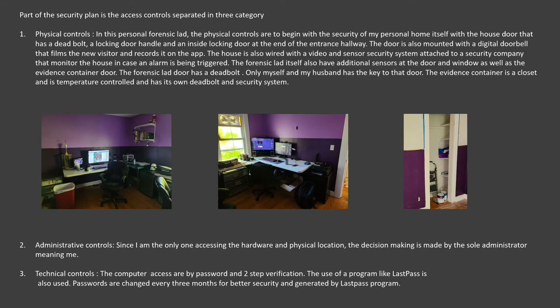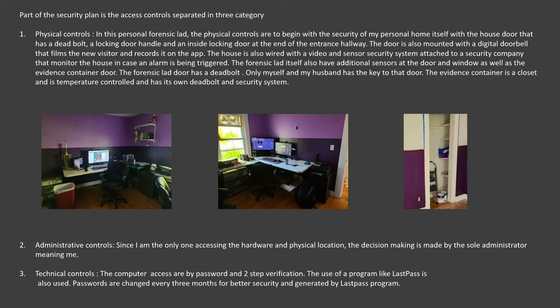So this is the setup I have at home right now, and I thought it would be a really good setup if I were to do it right now, even though I'm not certified in anything. On the left picture, that would be my computer, where I would do the processing of the computer I would investigate. On the right-hand side, that would be the computer I would use to do research on the internet.